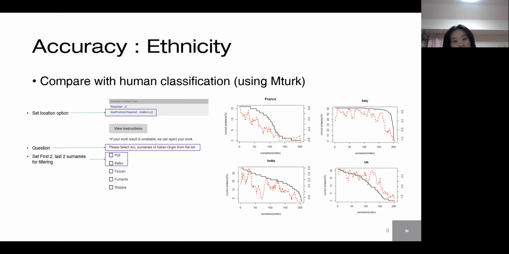What this graph shows is that the classified model also has difficulty in distinguishing the origin of ethnicity like a human has. In other words, the model classification of an ethnic group through surname is very similar to the degree to which a human distinguishes them.